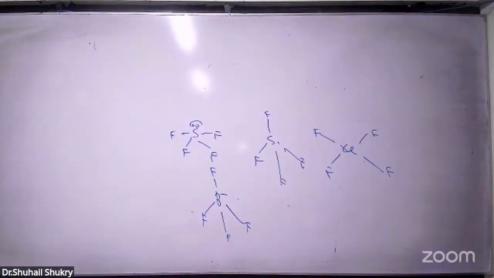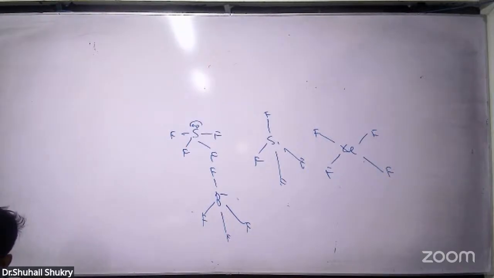Question number 12. Among the following pairs, the one in which the two species are not isostructural. Isostructural means same structure. Write the shapes. SiF4 is tetrahedral, SF4 is CSO, so not the same.